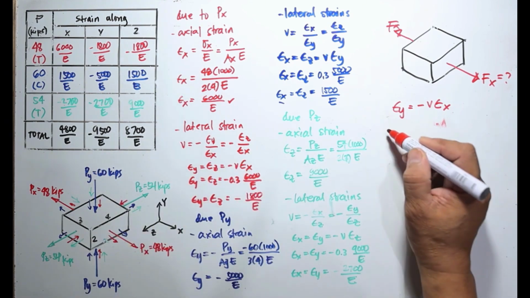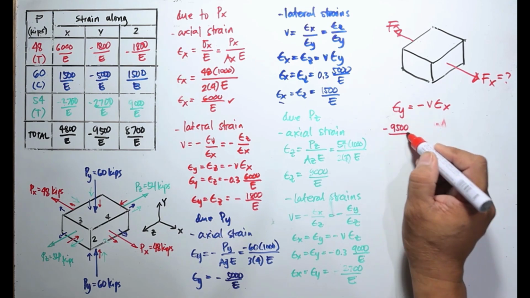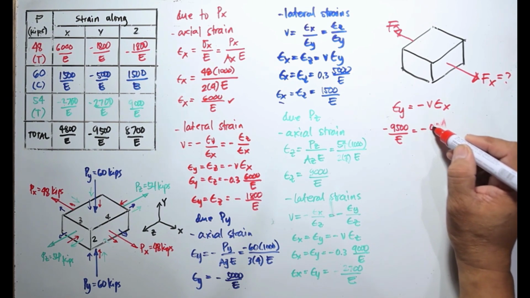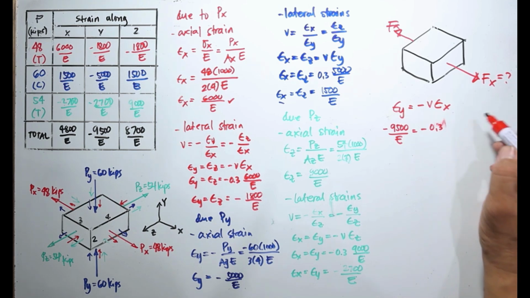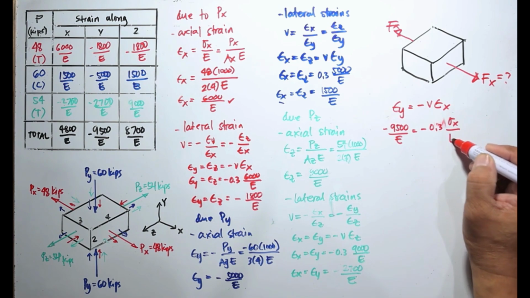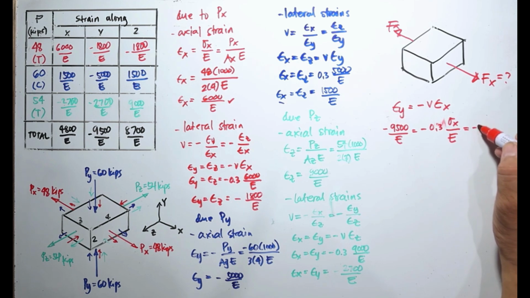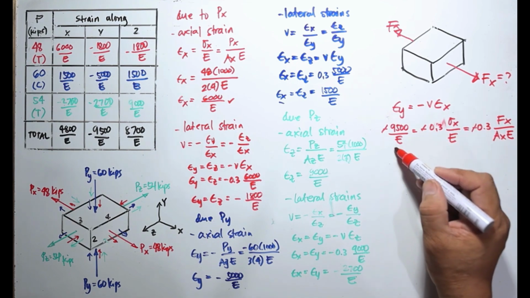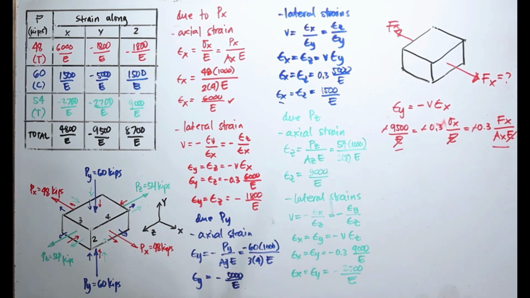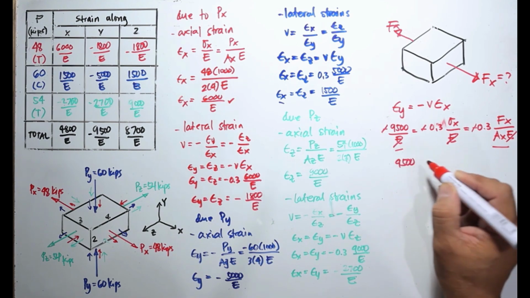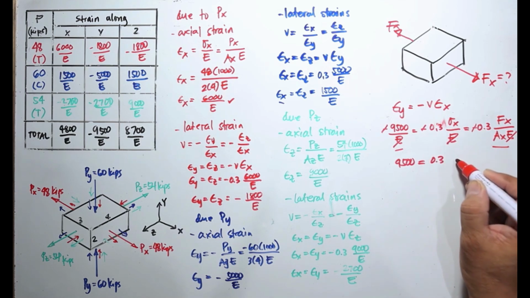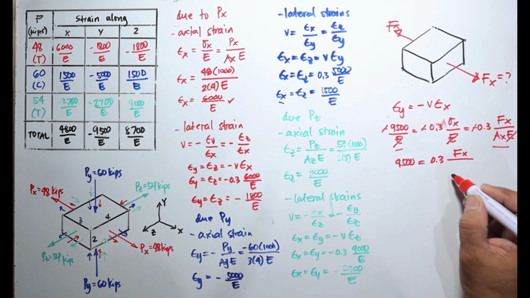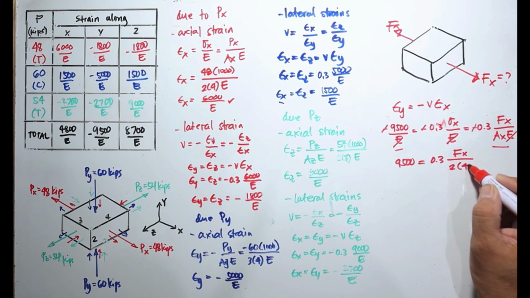So negative 9,500 over E equals negative 0.3 times the axial strain, which is stress over E, and stress is the force F sub x over the area, over E. So we can cancel the negative sign and E. We now have 9,500 equals 0.3 times F sub x over the area, which is 2 by 4.